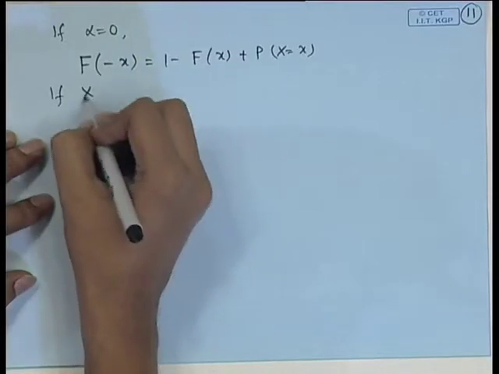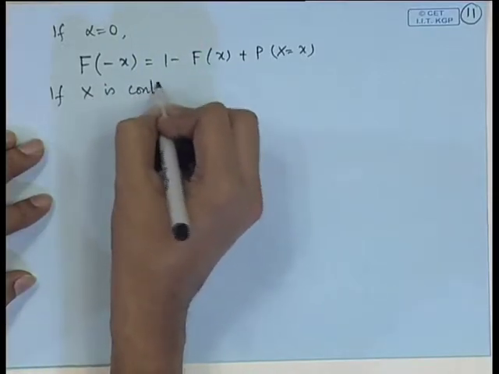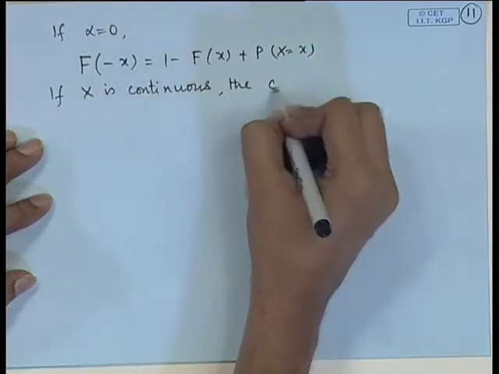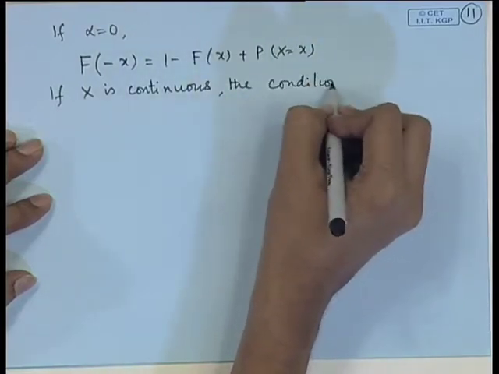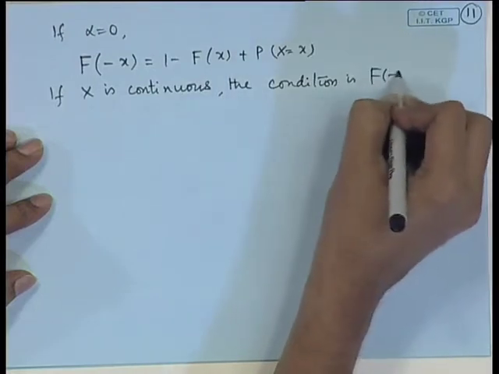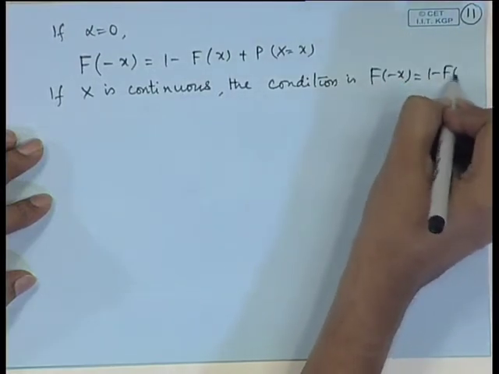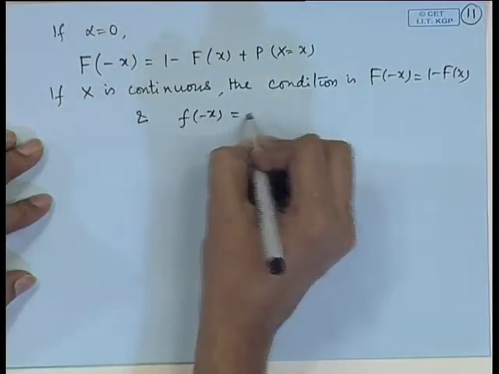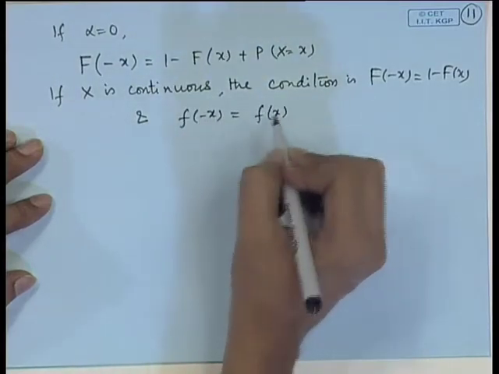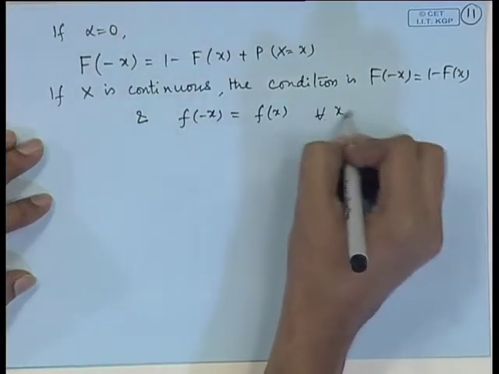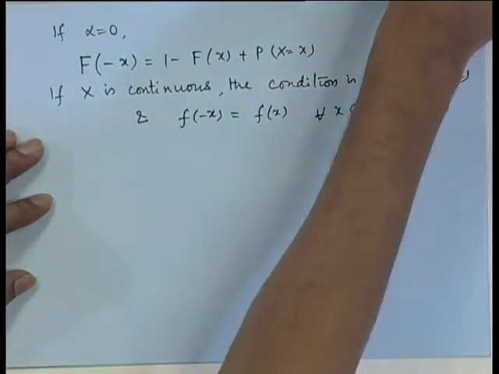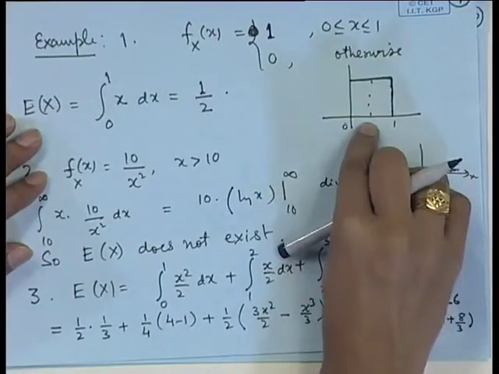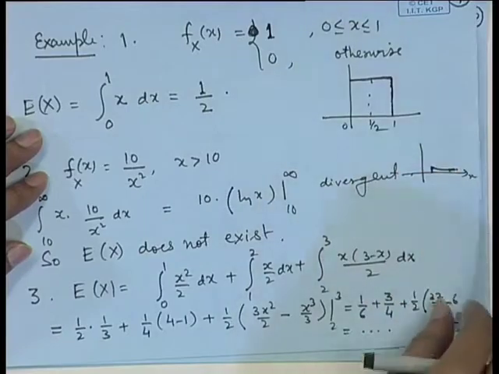If X is continuous, the condition is F of minus x is equal to 1 minus F of x, and if it is a density, so you will have f of minus x equal to f of x. So if you see this distribution, it is symmetric about 0. Here the distribution is symmetric about half, etc.